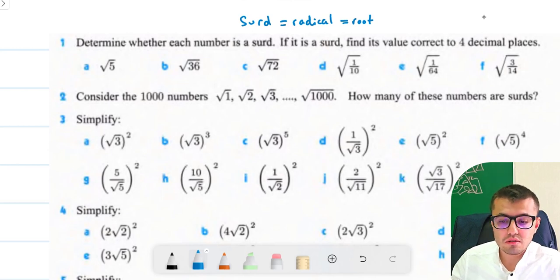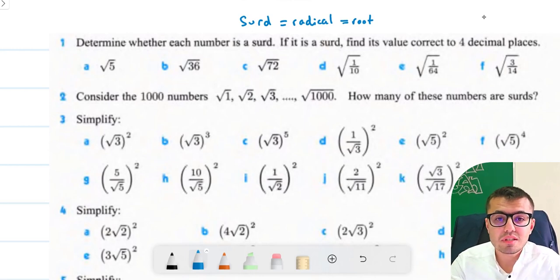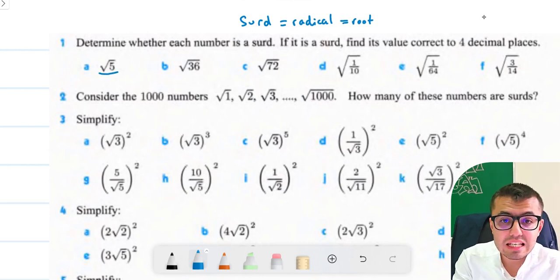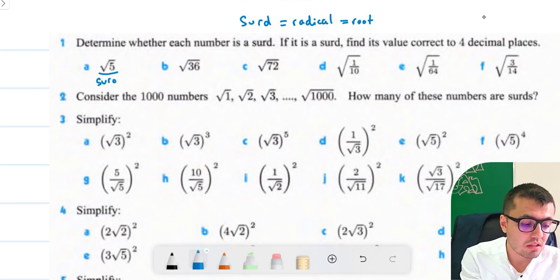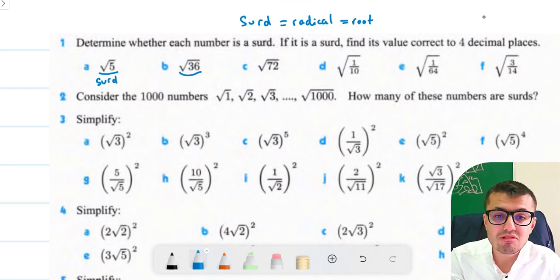This means determine whether this number is an irrational number. Remember there is a word, irrational numbers, the numbers that are under the root that cannot be taken out. So for example, this is an irrational number, so it's a surd. This one is a surd. This one though, it's not an irrational number.